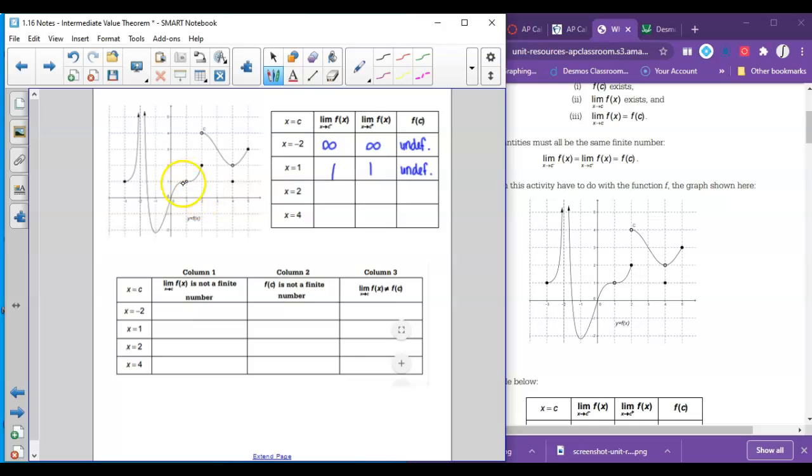At x equals 2, our limit from the left goes to this point right here, which has a y value of 2. Our limit from the right goes to this point right here, which has a y value of 4. And f of c is going to be where your dark circle is, where your closed-in circle is, and that's at 2 here.